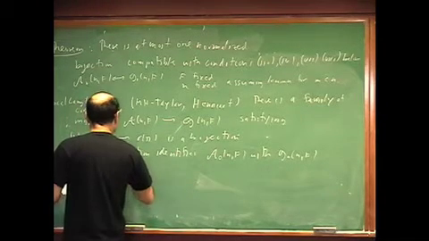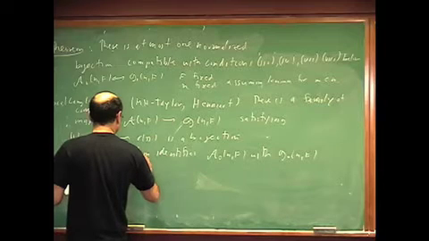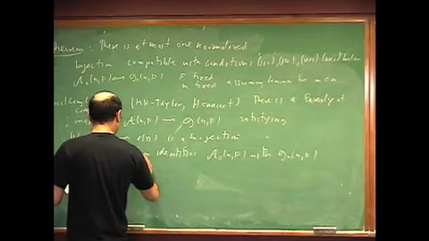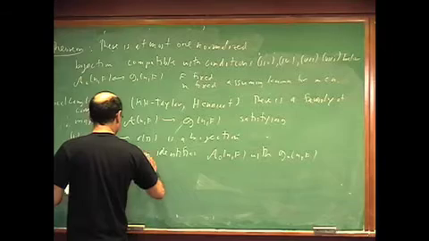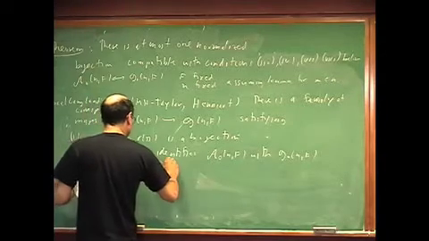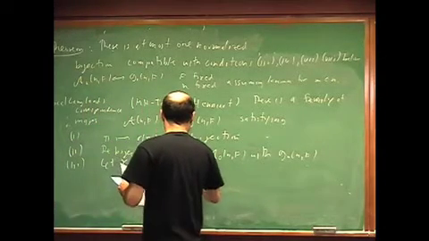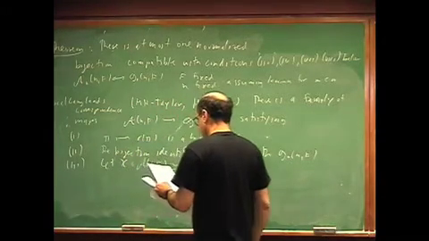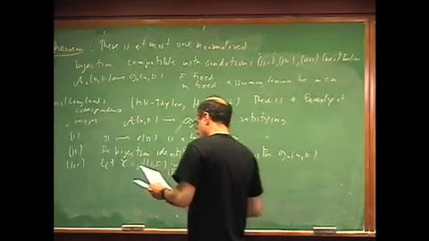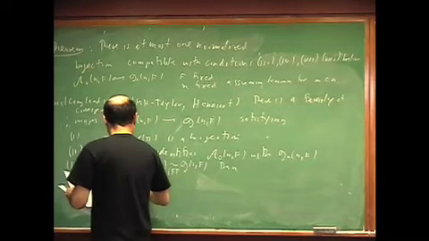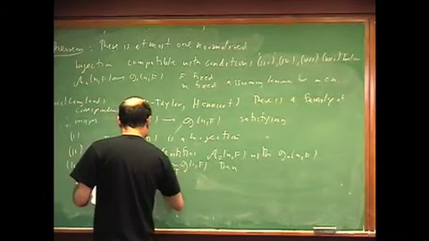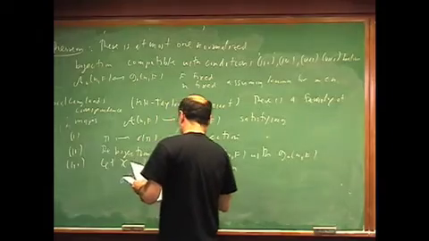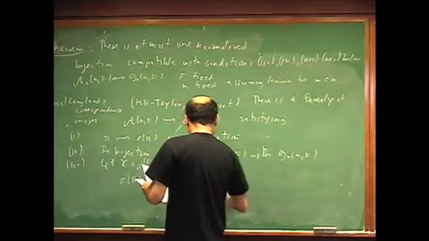Let pi be in A_1(F), which we identify with G_1(F), by class field theory. Then sigma of pi determinant is equal to sigma pi.